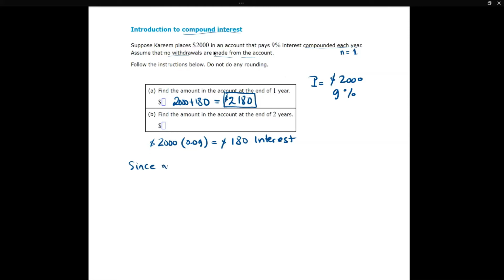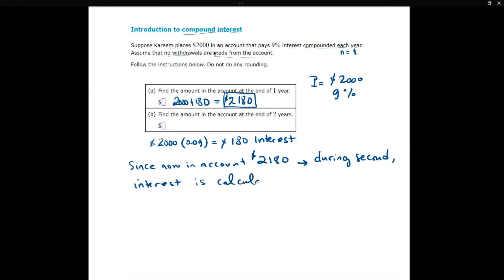But here, to understand what compounded means, for part B, since now in the account after 1 year there is 2,180, that means during the second year, interest is calculated based on 2,180, not 2,000.